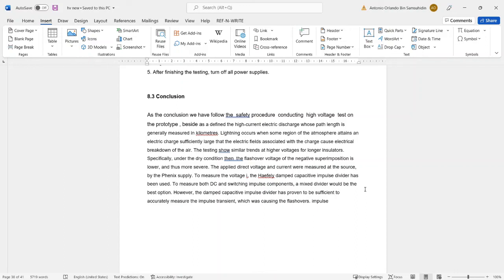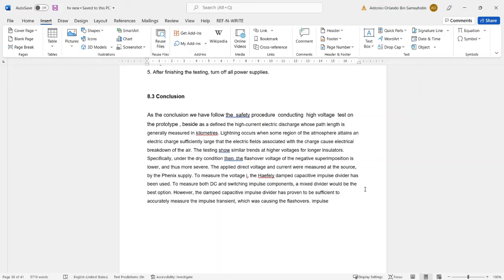The testing shows a similar trend at a higher voltage for longer installations, especially under the dry condition, than the flashover voltage of negative superposition, which is lower and thus safer.